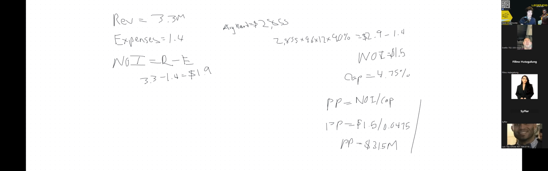Let's try to keep this interactive. So everyone in the chat, if I wanted to buy this property at a 5 cap and the NOI is 1.5 million, how much should I pay for it? I'll give you guys a hint. It's 1.5 million divided by 0.05.